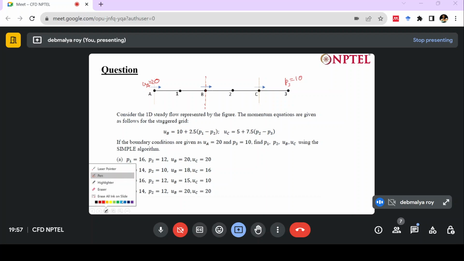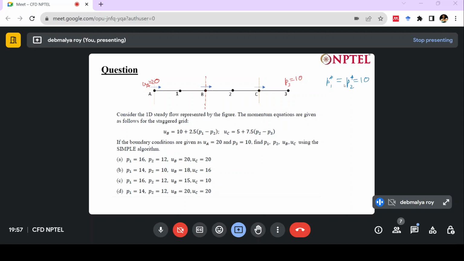So what we will do is first guess P1 star and P2 star. So this we have to guess, right? We have to take a guess and then follow the steps. So let's also take it to be 10. We can take any value, that's not an issue.